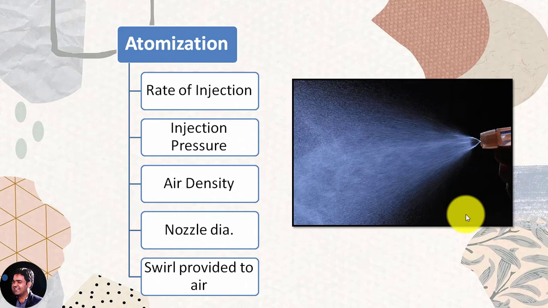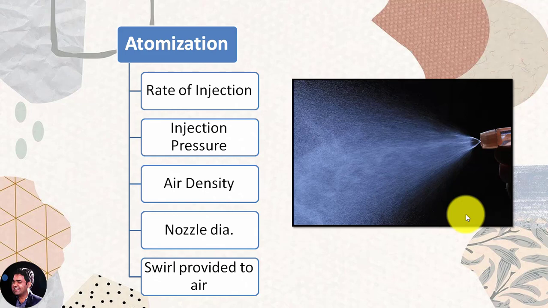Rate of injection you can consider in two ways: the fuel injected inside the cylinder per time, or the fuel injected inside the cylinder per angle of crank rotation.